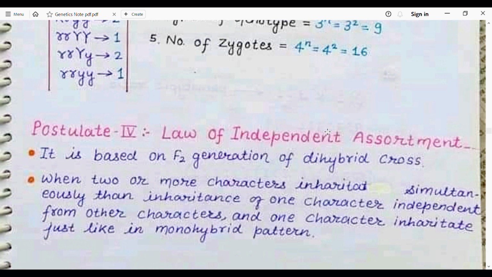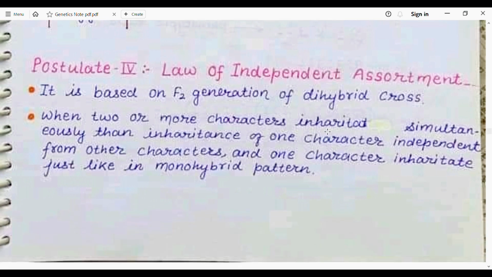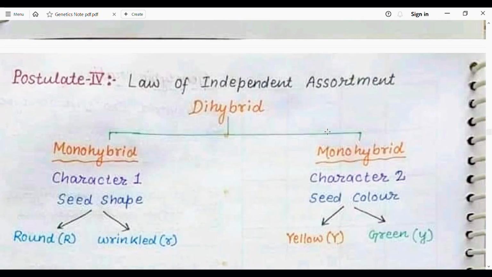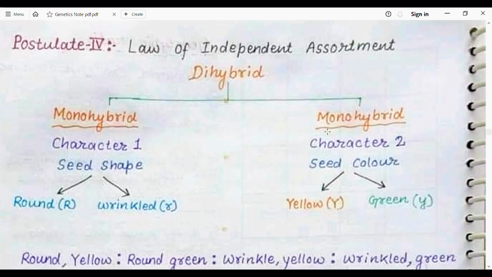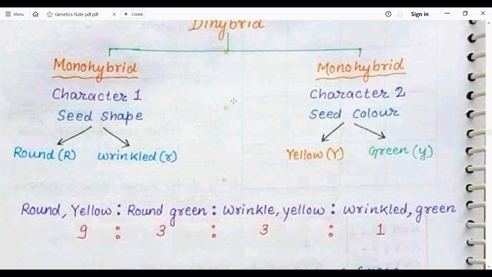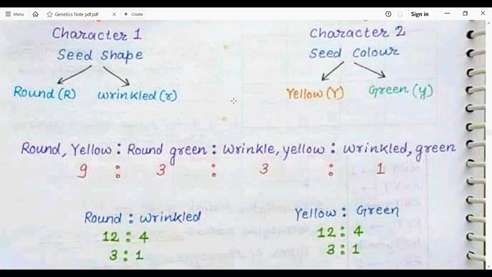When two or more characters are inherited simultaneously, the inheritance of one character is independent from the other character, and each character is inherited just like a monohybrid pattern. So the law of independent assortment applies to dihybrids, because when two monohybrids are crossed, it is converted into a dihybrid. The seed shape round is dominant over wrinkled, and in seed color, yellow is dominant over green.